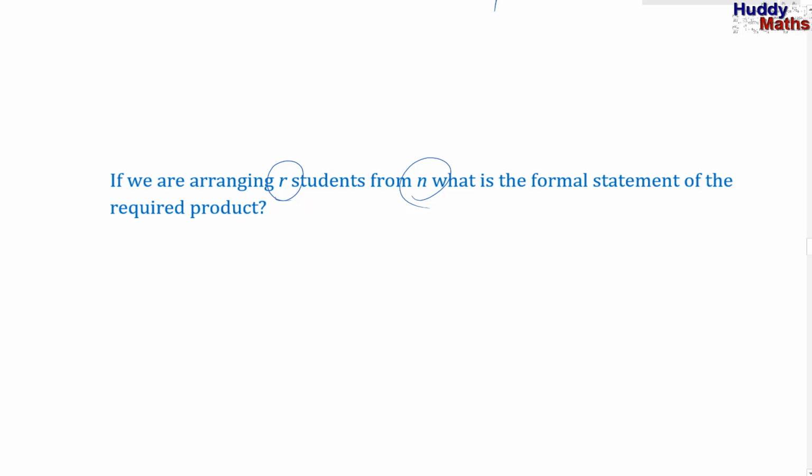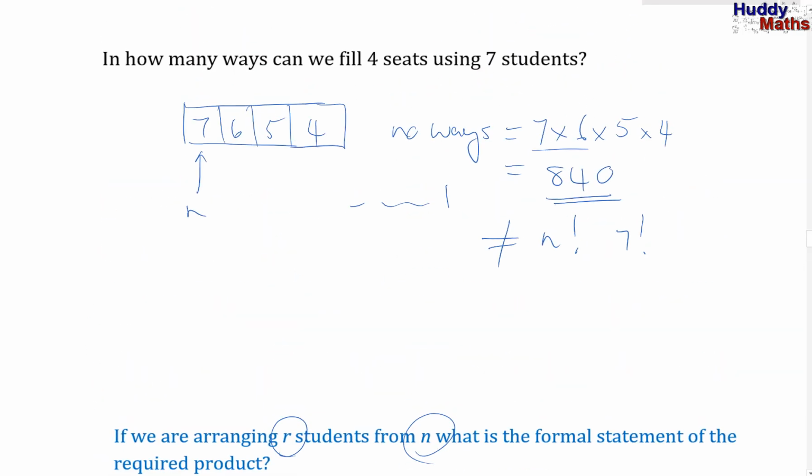All right, let's start up again. It went from n to n take 1, n take 2, and where did it end up? Let's see if we can work it out. We had 7 students, n was 7, and R was, hang on, let's just go back up. What was R?